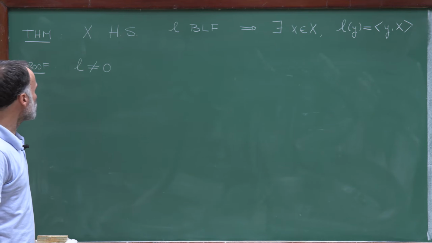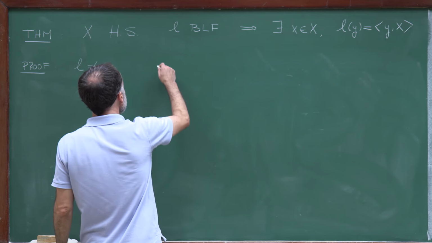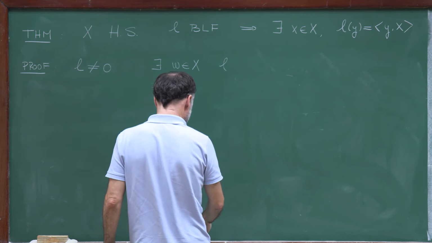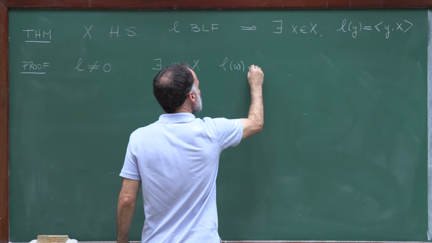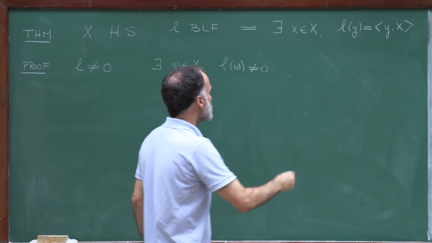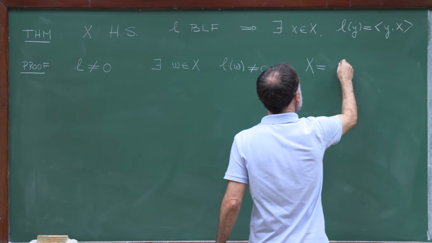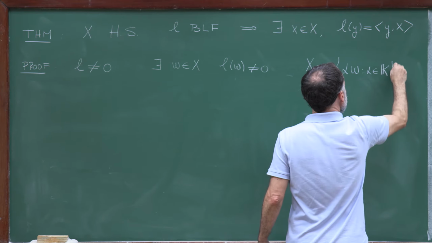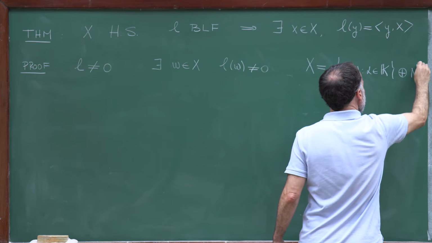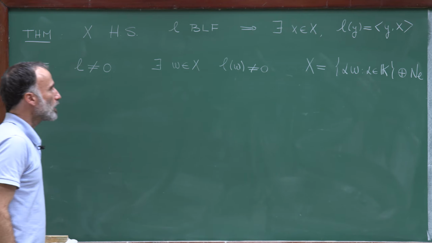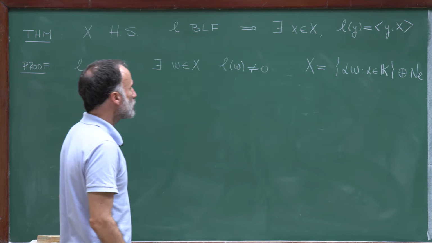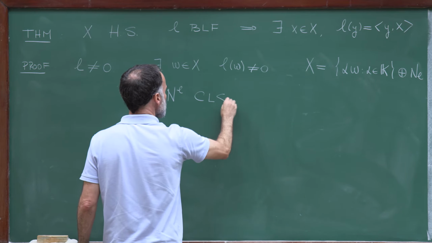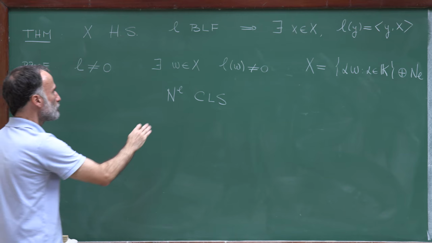Now, if L is different from 0, we have seen that there exists a W in X such that L of W is different from 0, and that the space X can be represented by the span of W plus the null space of L. So we have this representation, and now we know also that NL is a closed linear subspace of X. We proved that.